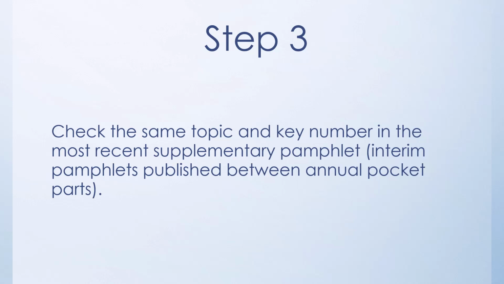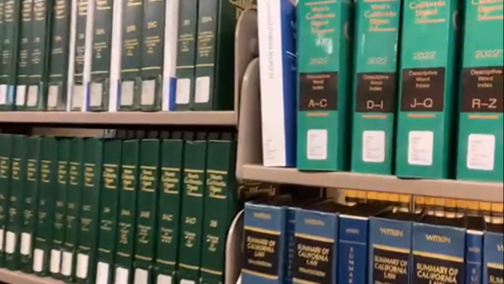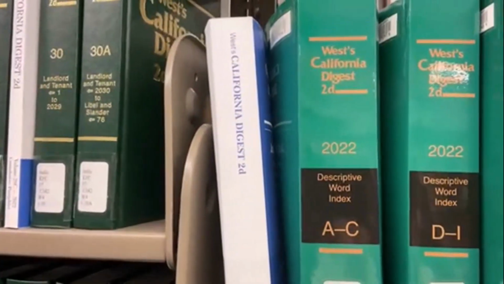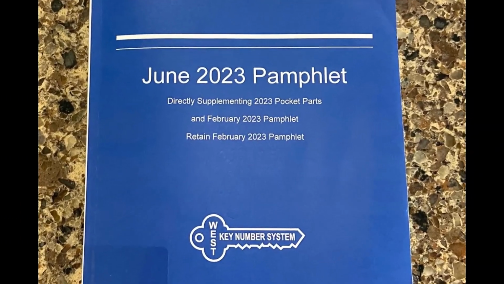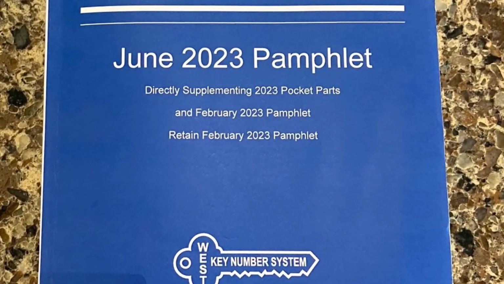Step 3. Check the same topic and key number in the most recent supplementary pamphlet. Here you can see where we house the supplementary pamphlets. It's the June 2023 pamphlet. You can see it says it's directly supplementing the 2023 pocket parts.